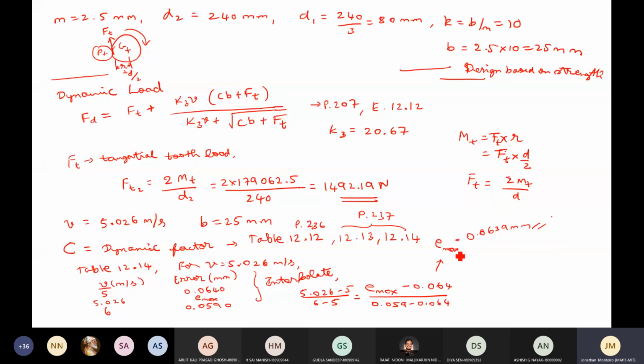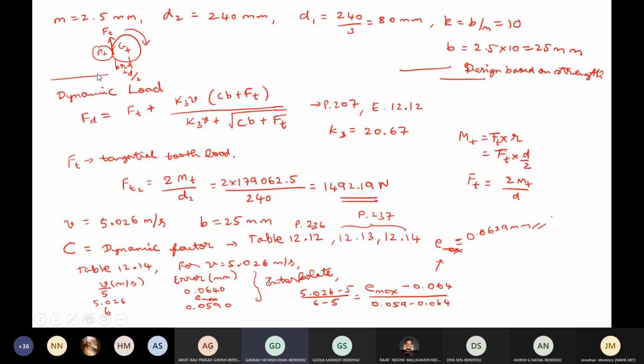So this is the maximum permissible value, Emax. You have to compare this value with something that has been set for a class of gears. So let us go to the next thing, that is table.